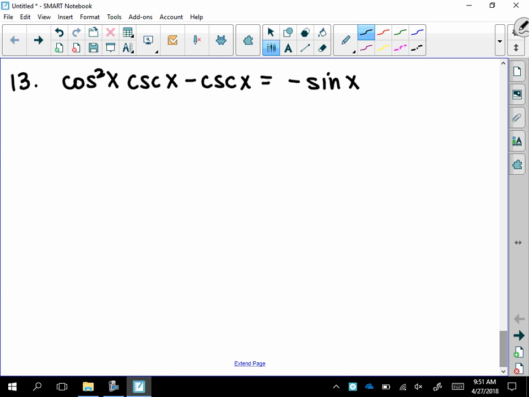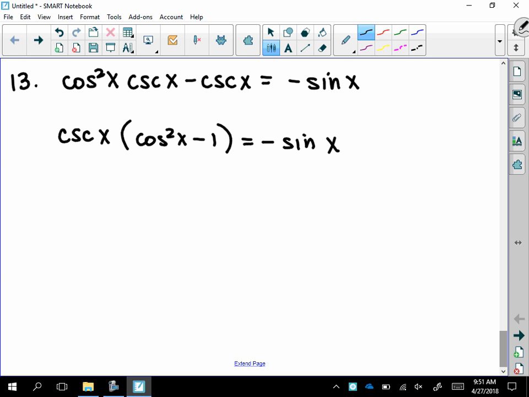This one would work by changing everything to be in terms of sine and cosine. I just don't think it's necessary, because on the left-hand side, there's a GCF, so I can take out cosecant. And then, what is cosine squared minus 1?